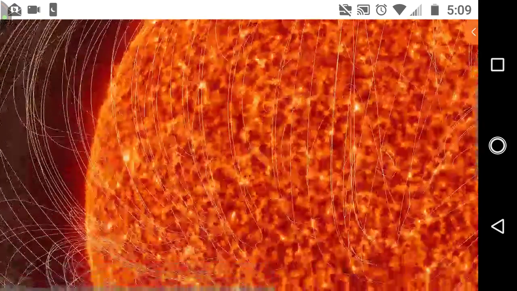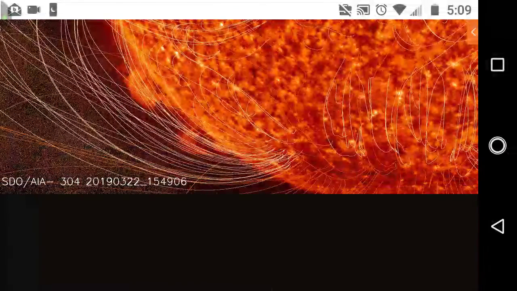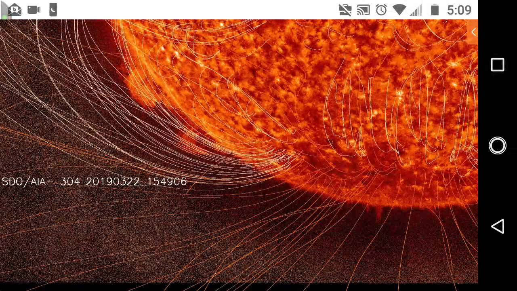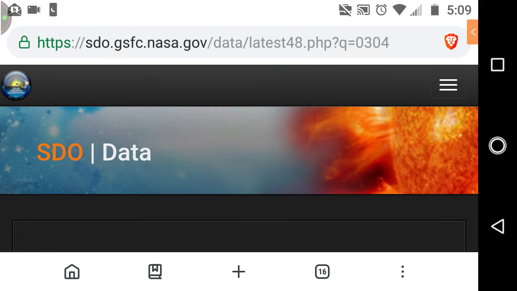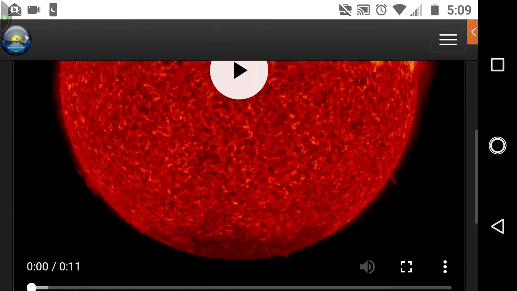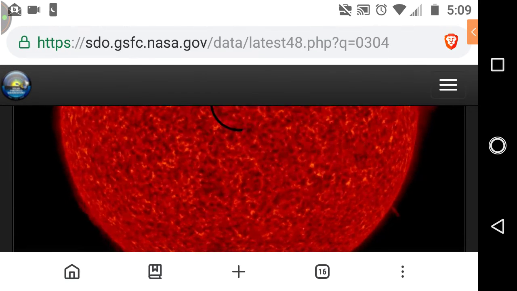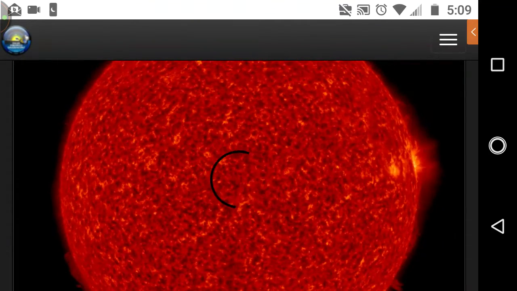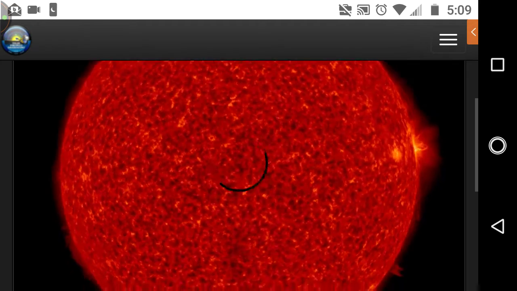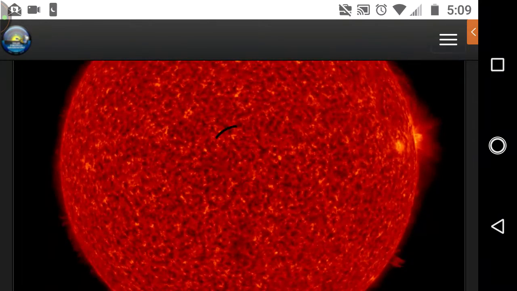Here are magnetic lines at 304 angstroms. And whoops, those are from the 22nd. No data on that. All right, let's look at the last 48 hours at 304 angstroms. Quite a lot of activity associated with that setting sunspot.